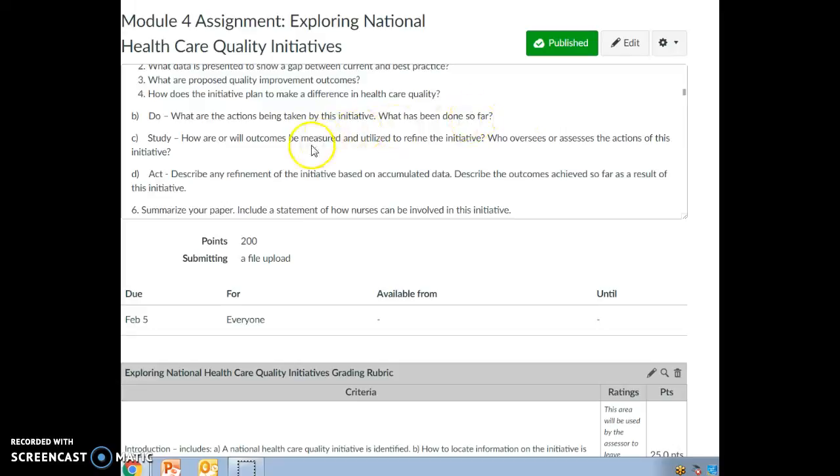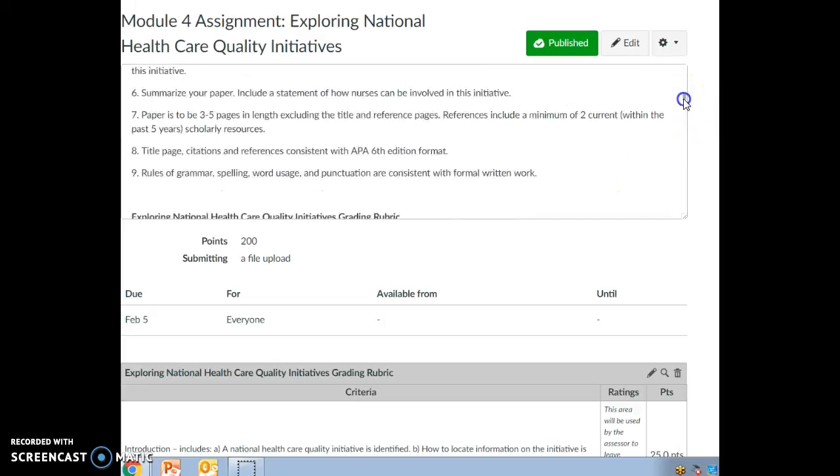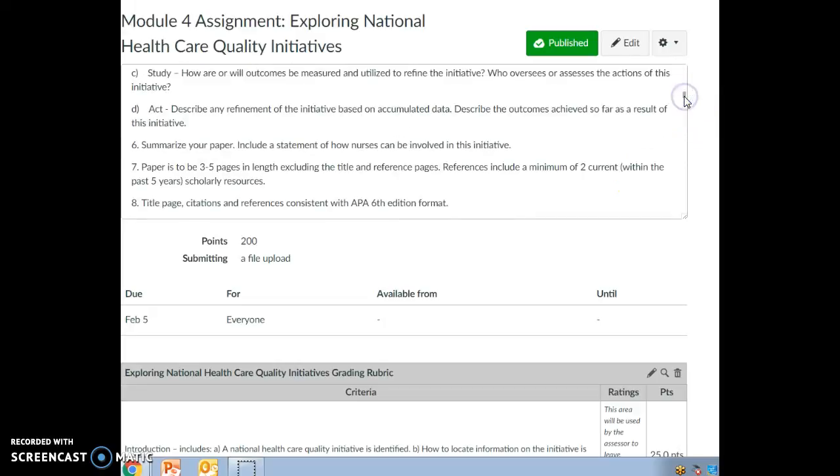And the study part is how will these outcomes be measured or utilized, who oversees it, and then act is describe any refinement based on the data and describe the achieved outcomes that you saw as a result of the initiative. So that would be the summary for it, and then you summarize the paper.